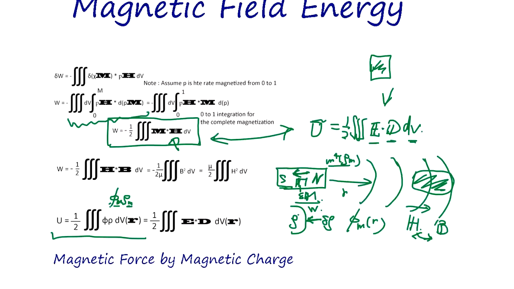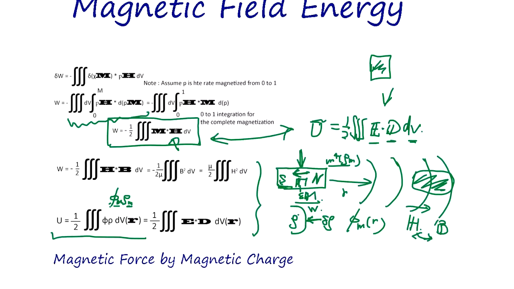So physically the work is to increase M, and increasing M is not like moving magnetic charge all the way here. It's increasing by spinning some of the magnets within the body. That's the physical detail, but mathematically it's exactly the same calculation for the energy.